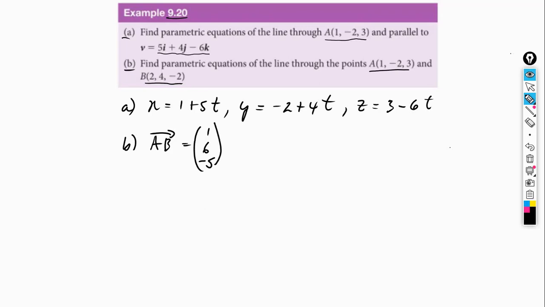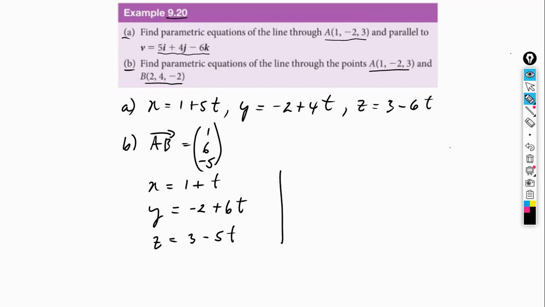So that means that one set of parametric equations could be, if we take point A as a reference, x is equal to 1 plus t, y is equal to negative 2 plus 6t, and z is equal to 3 minus 5t.